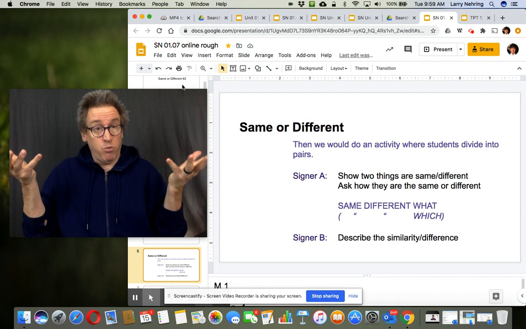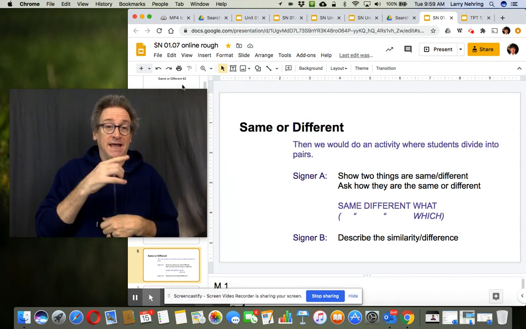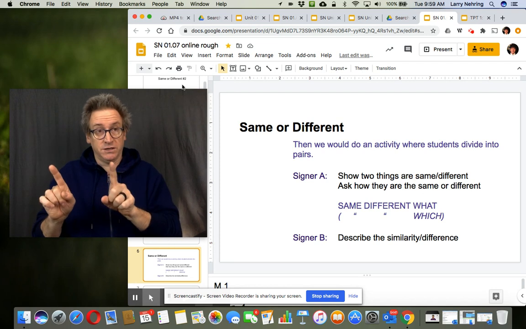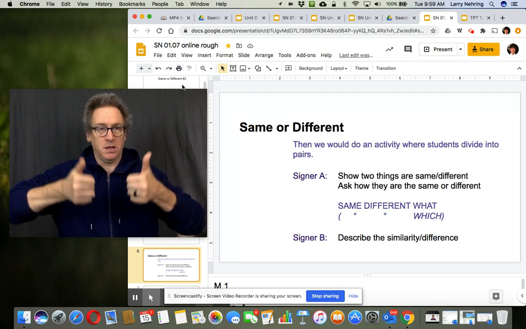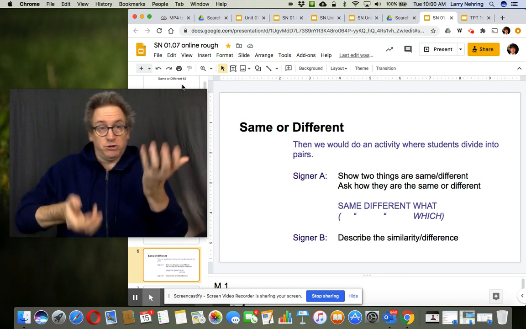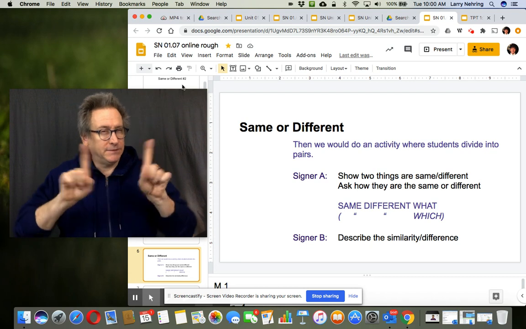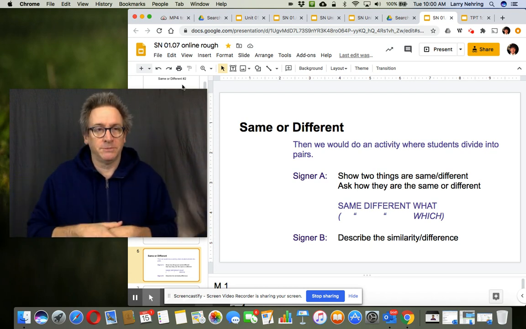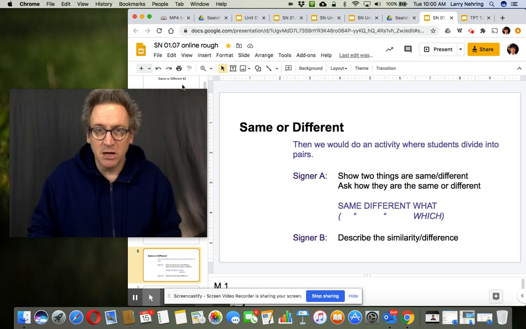If I end with what, I'm asking what is the difference. If I say same, different, which, this is a new sign, which. This one or this one, chocolate or vanilla, right? So, which. That's the simpler question, even though it's now got an additional sign.